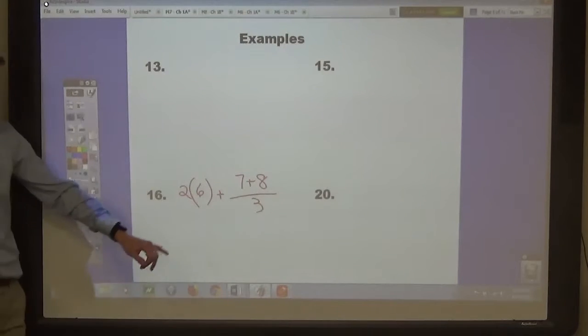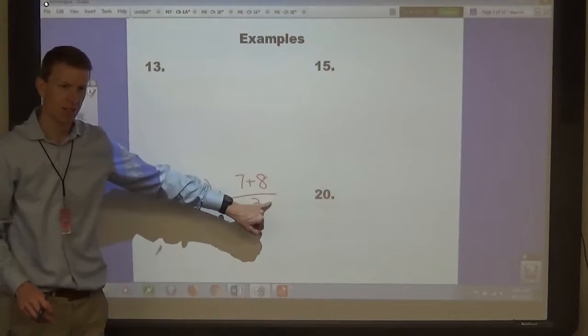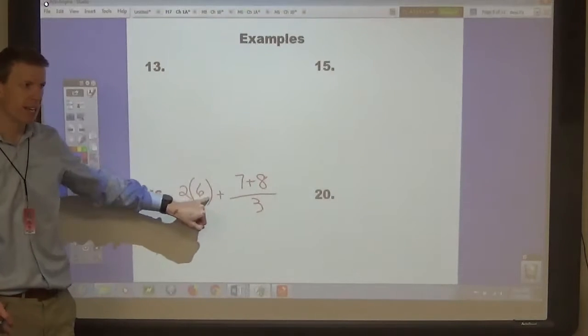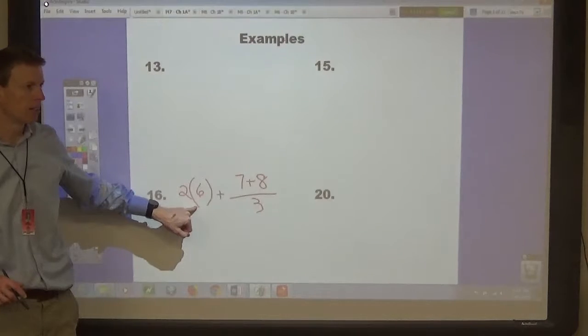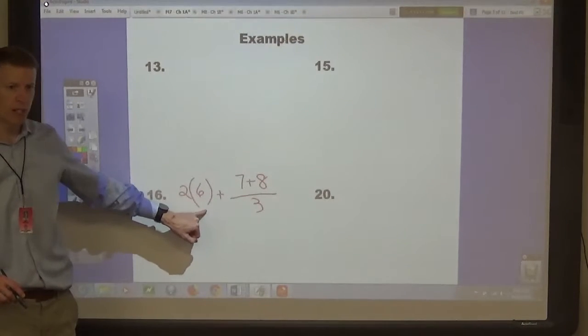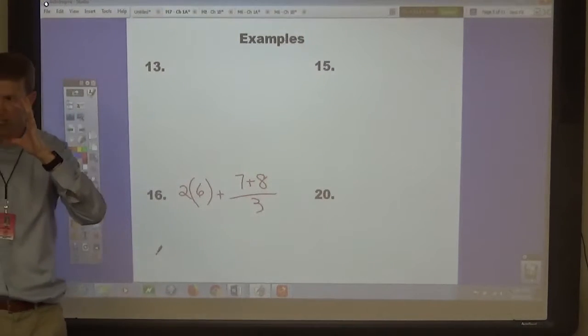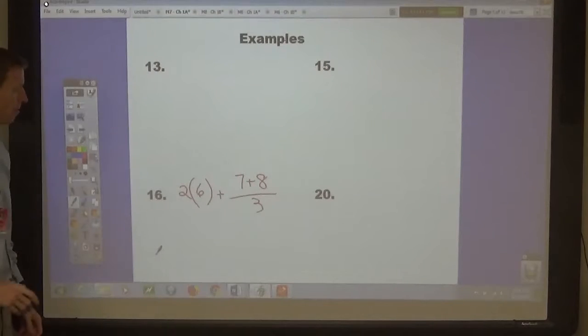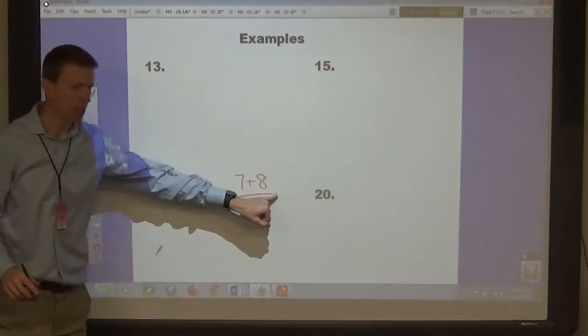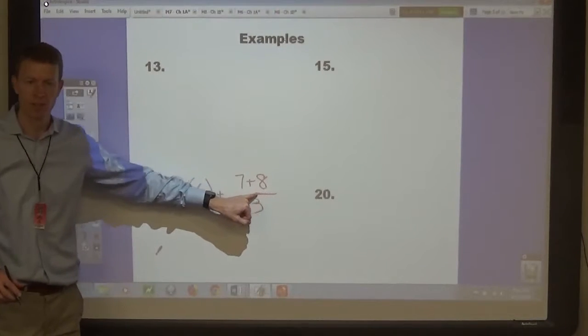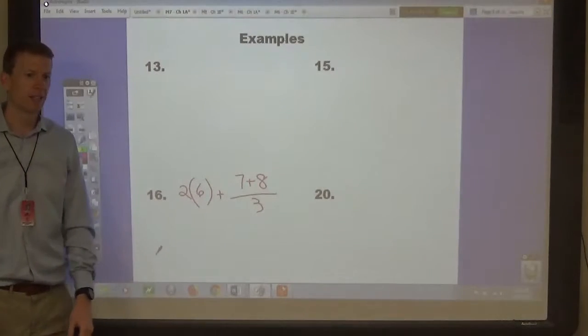So, can you identify these operations? What operation is this? Yep, that's times. A number next to a number separated by parentheses means multiply. What about this operation? Allison.